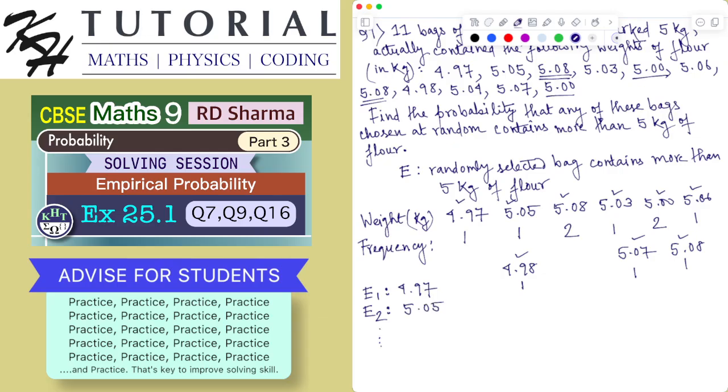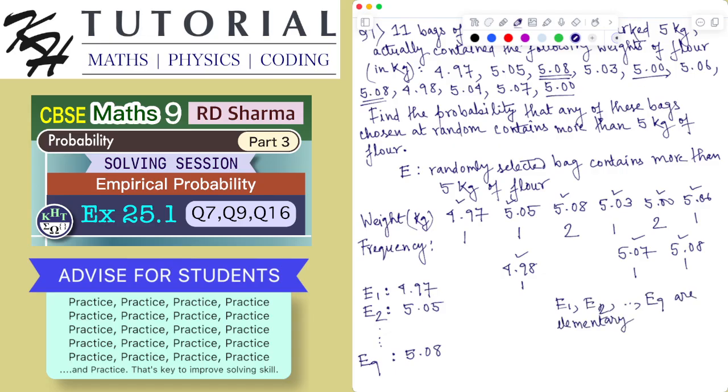This way there are 9 unique weights, up to E9, the event that a randomly selected bag contains wheat flour of weight 5.08. All these events E1 to E9 are elementary events, and these are all the possible outcomes.